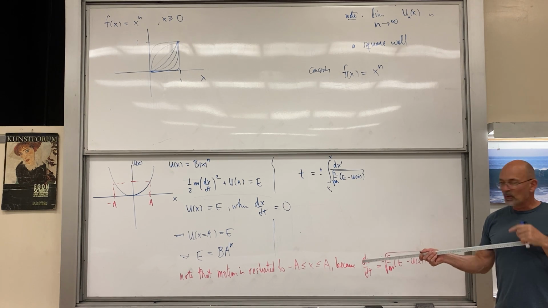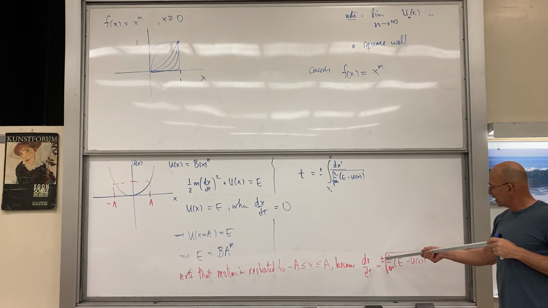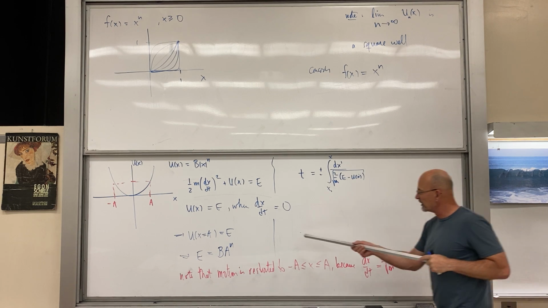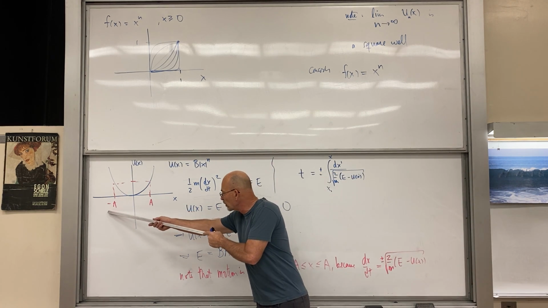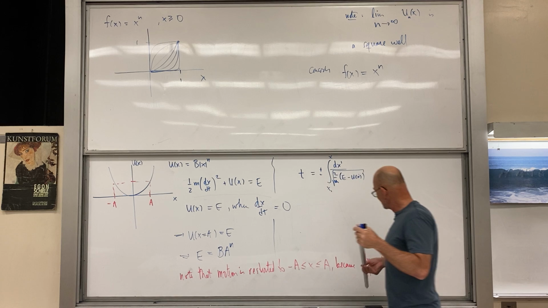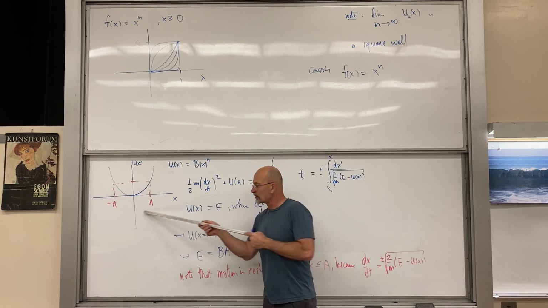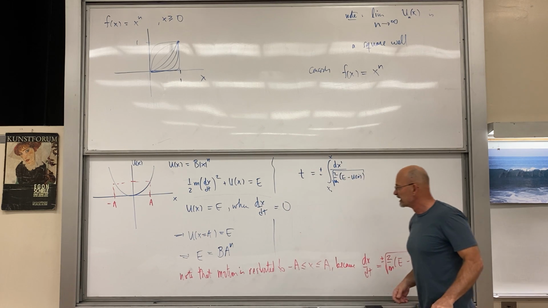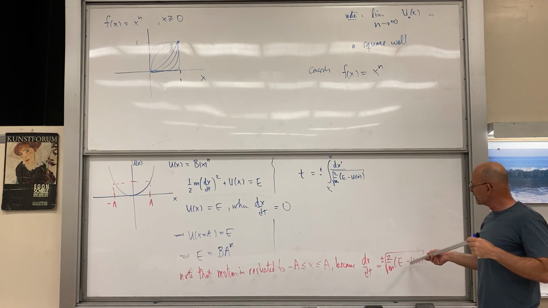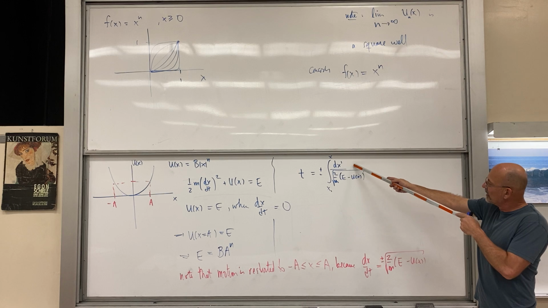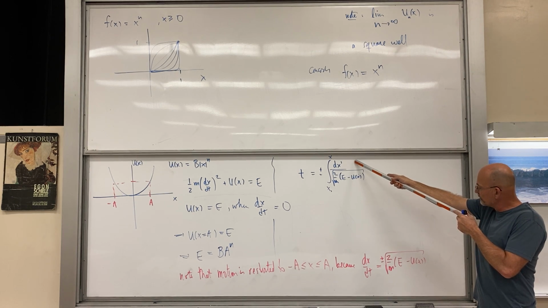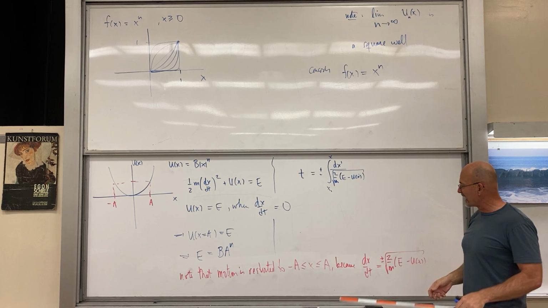And in fact, now we know what the plus and minus sign is. The positive sign refers to positive velocity, so moving from left to right, and the negative sign refers to a negative velocity, in this case moving from right to left. So this whole development is really important, and now we go into this integral expression to solve it, and we can ask, what is the period of that motion?